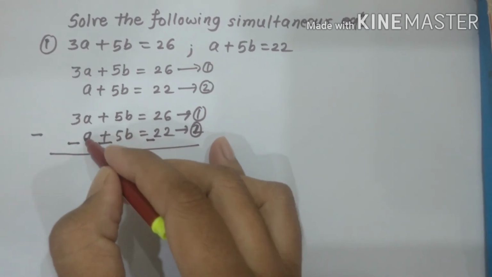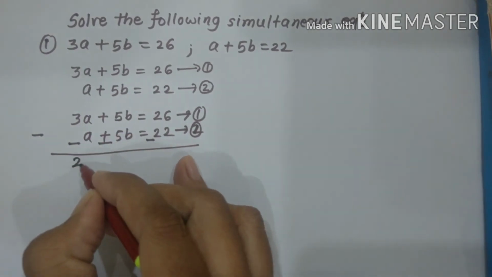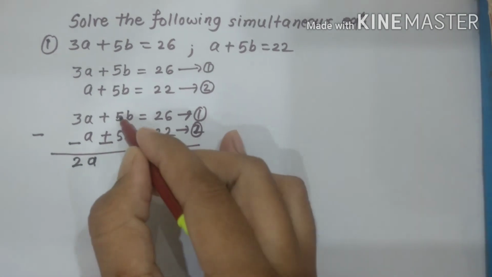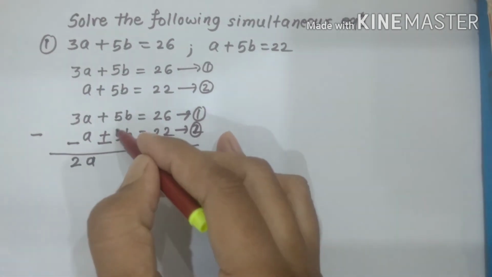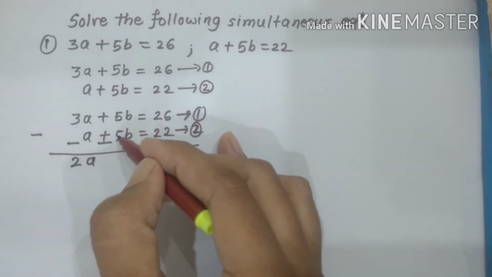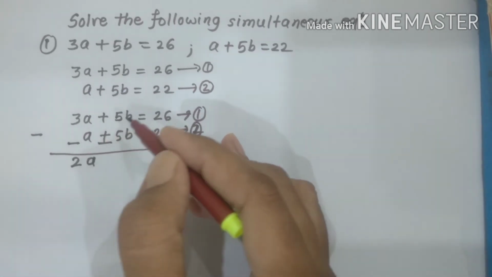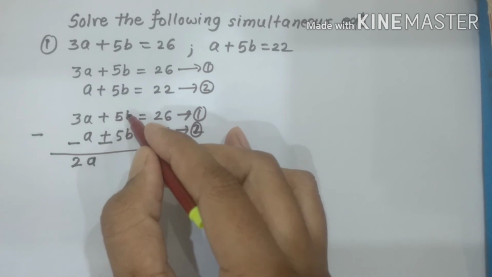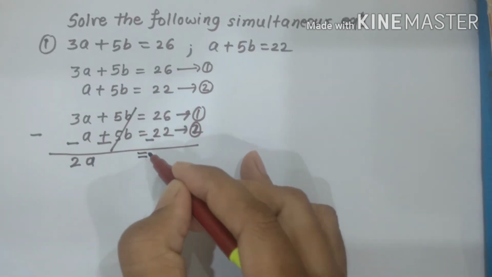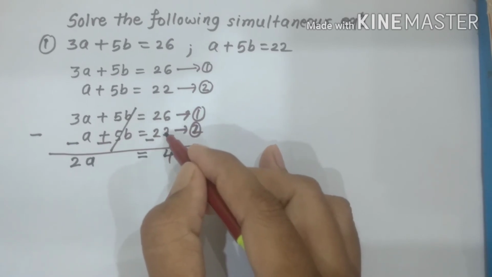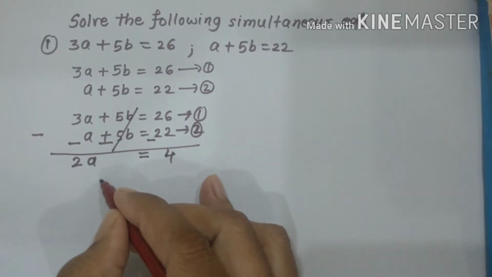Here 3a minus 1a becomes 2a and 5b minus 5b will be cancelled. Here we consider the minus sign of 5b, not the plus sign. Therefore 5b minus 5b will be cancelled. Equal sign as it is, it means 26 minus 22 equal to 4.